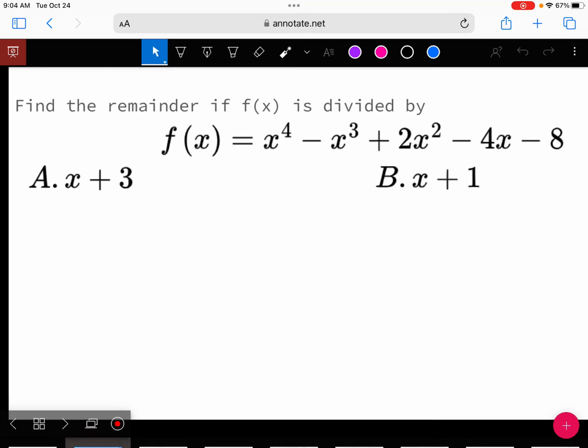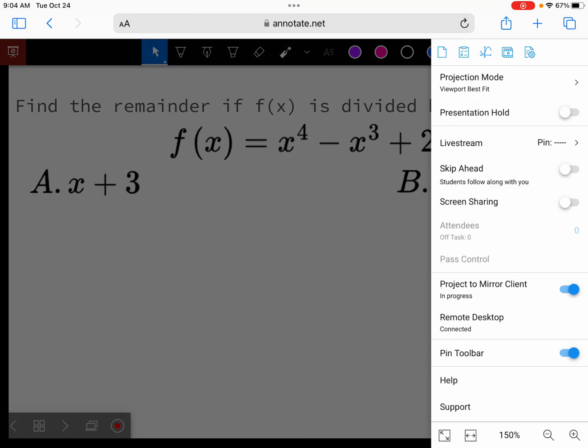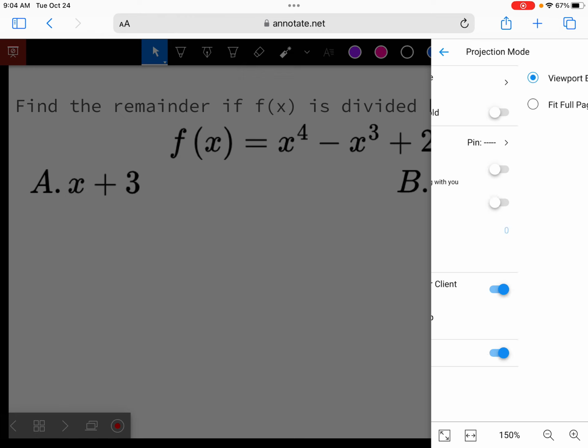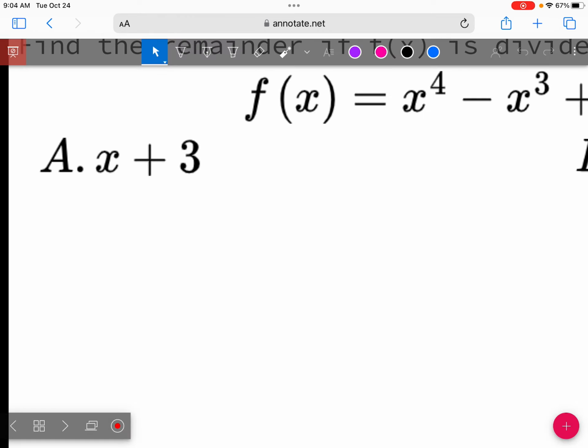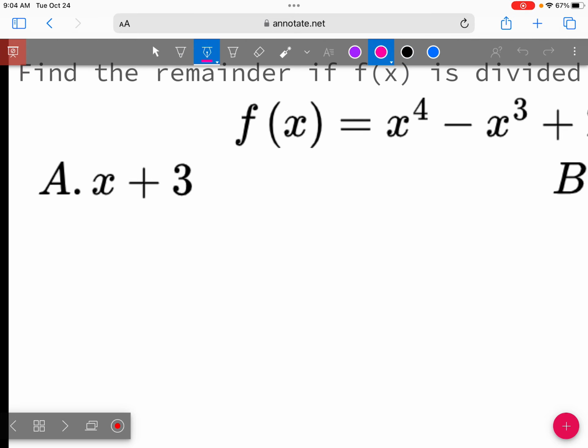All right. So to do our synthetic division, that is when we take our coefficients and our roots. I heard somebody say roots. You're right. What is our root here? -3. So we're going to have -3 on the outside of our synthetic division.